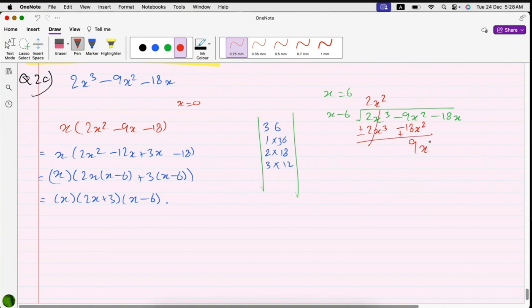This is 9x square minus 18x. And then to get 9x square, I'm multiplying with 9x. So this is a 9x square. 9 into x is 54.